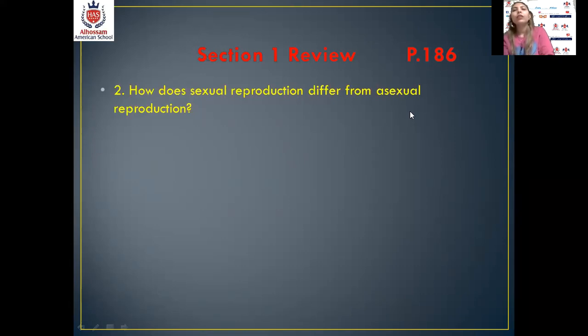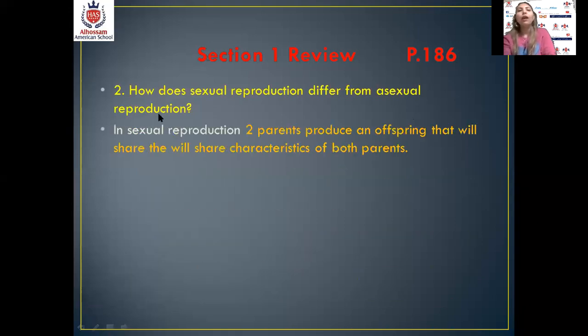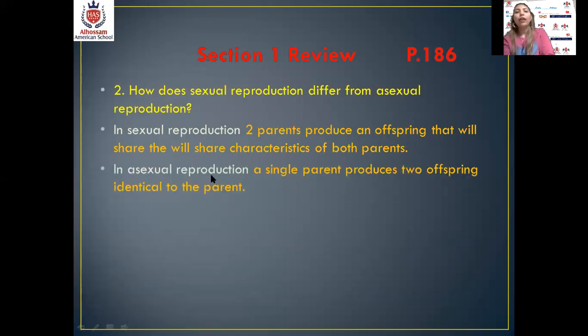One parent makes an offspring. Yes, thank you so much. Okay, so as you said, in sexual reproduction, two parents produce an offspring that will share the characteristics of both parents. While in asexual reproduction, a single parent produces offspring identical to the parent. Can I write the answer?